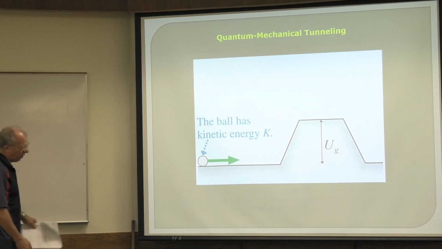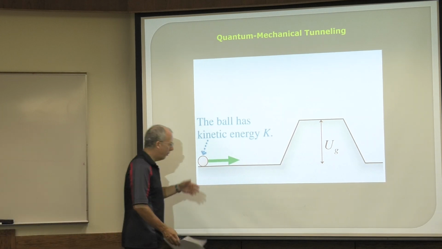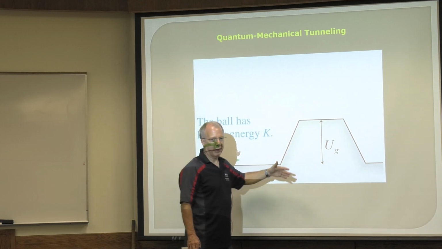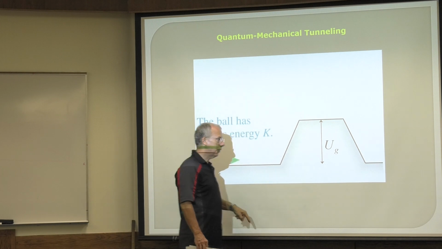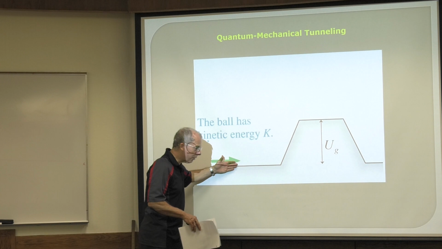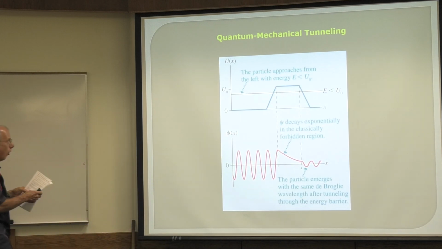All right, so that's classical physics, but we know in quantum mechanics, we've already learned, that this restriction doesn't hold. There's penetration into the classically forbidden region. So that means classically this couldn't happen, but quantum mechanically this could happen because we've seen it. Okay, so we want to talk about it in gory detail.